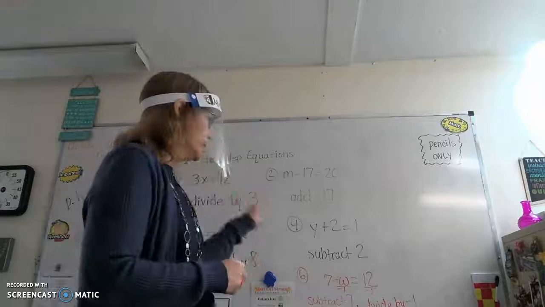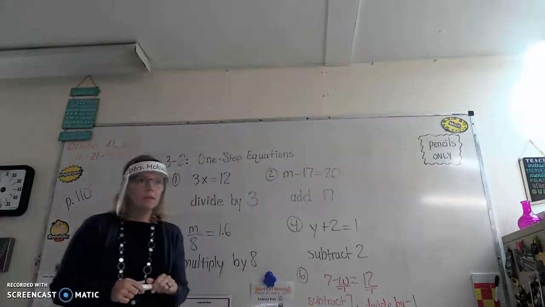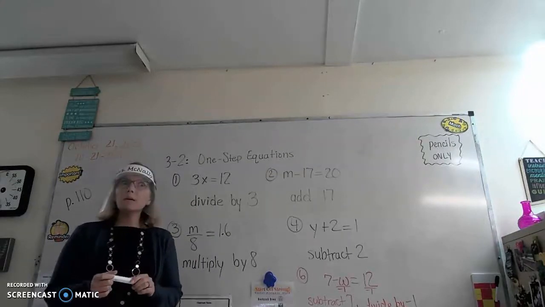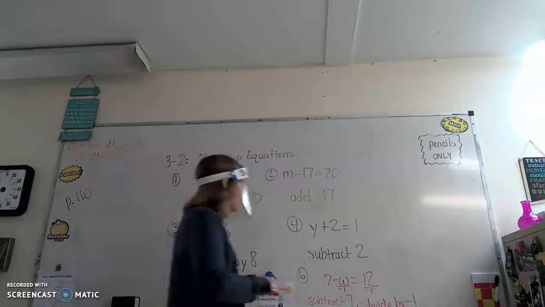But this one actually had two steps. Move the W and the 12, and put the 7 where it is. Basically done, and do it to both sides.